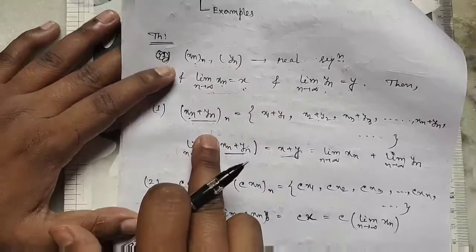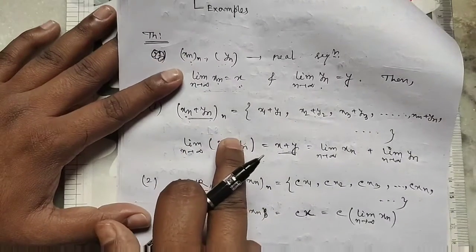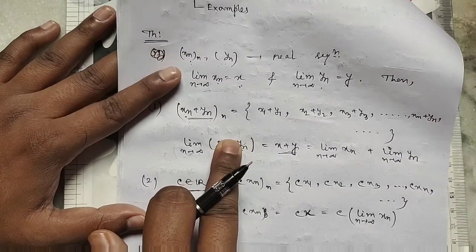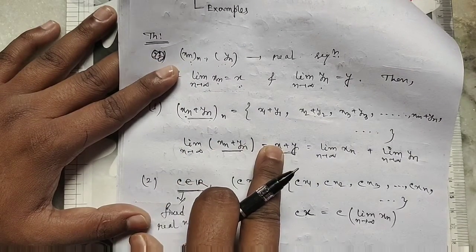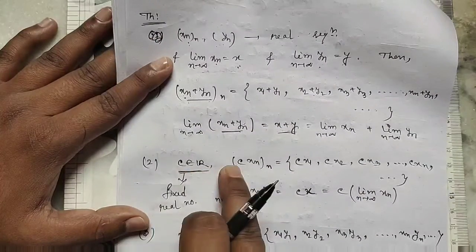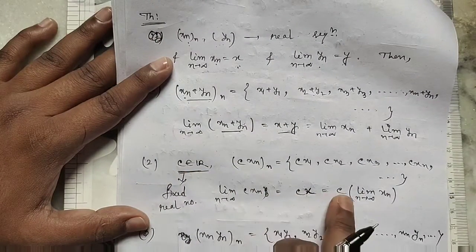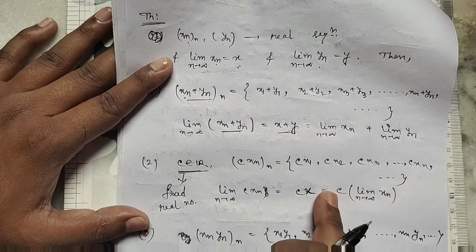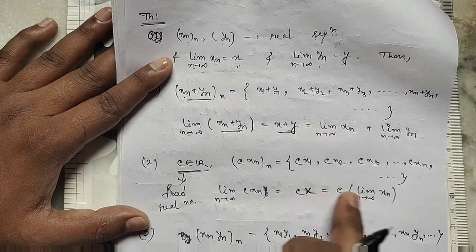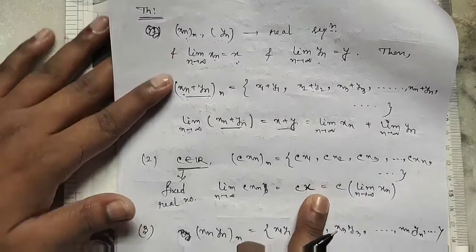So first, by this result we find un plus vn converges to 0, and by these results we can take c before the limit.